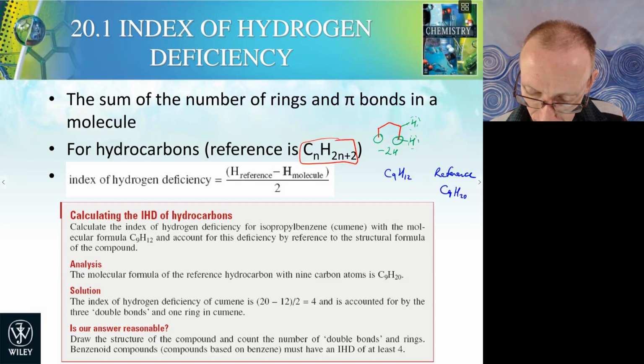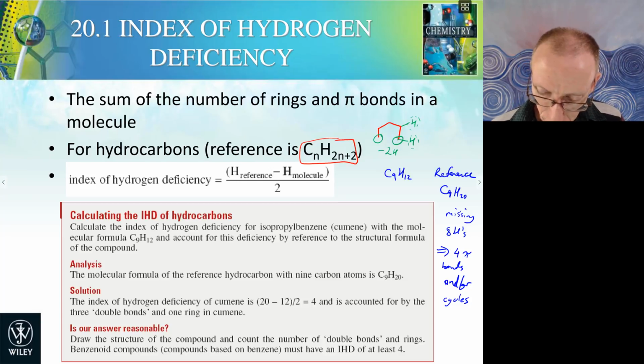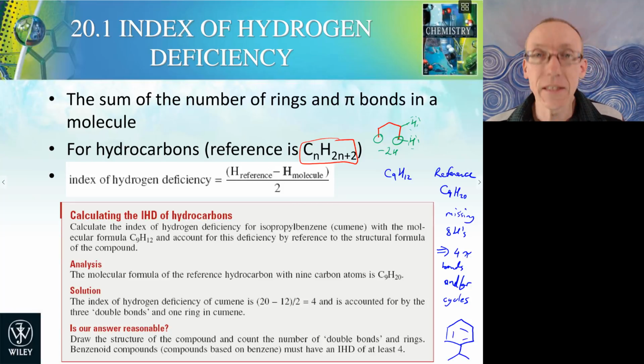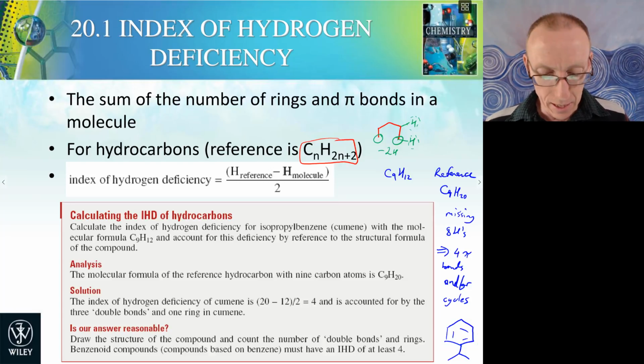So we're missing 8 hydrogens, and that corresponds to 4 pi bonds and/or cycles. Now the structure of cumene is just isopropyl benzene. So let's see, does that make sense? We've got 1, 2, 3 pi bonds and 1 ring system. So there's 4. 4 is the index of hydrogen deficiency, and so that makes sense for this molecule.